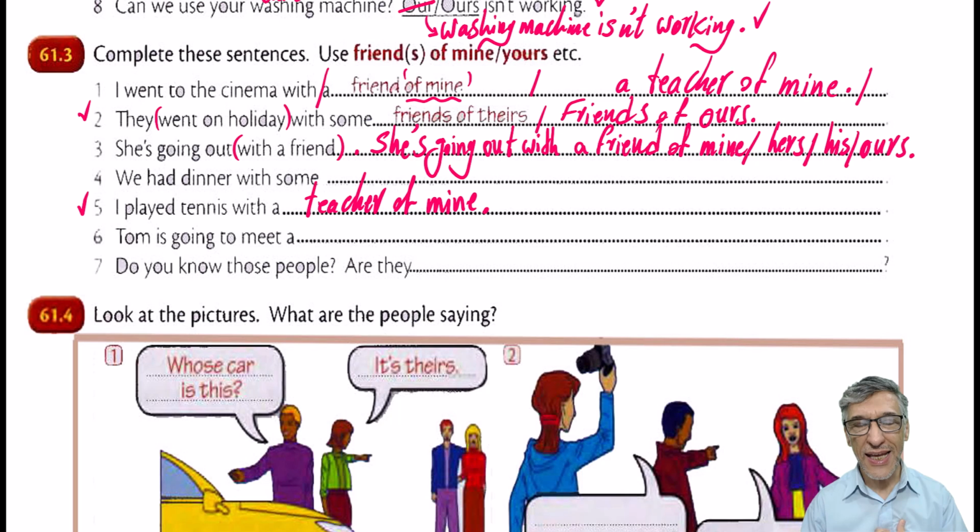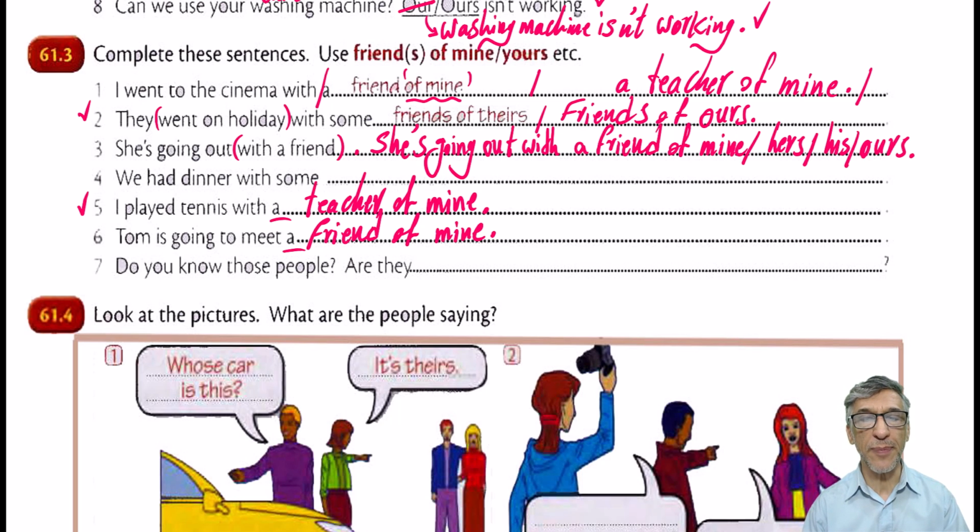But it is a lot better to say such a kind of structure. This is very nice. Tom is going to meet a, well, friend of mine. Look at this one. A teacher of mine, a friend of mine.